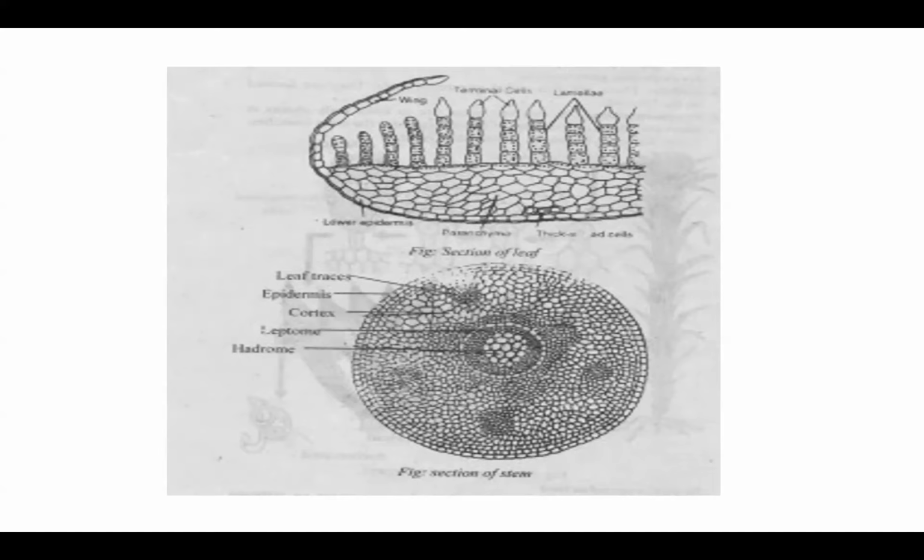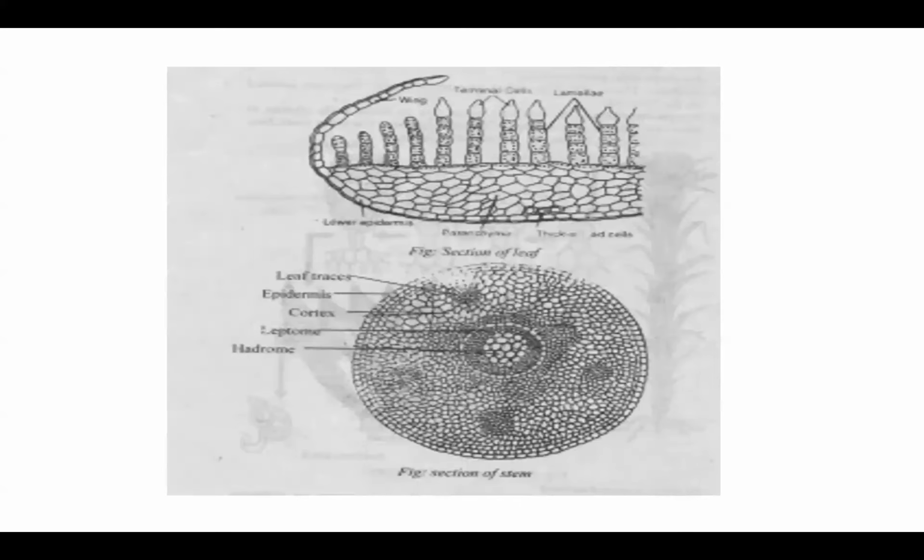Inside the epidermis, you will see the parenchymatous cortex region. Cortex is usually made up of parenchymatous cells. These parenchymatous cells store food materials, and the outer cells store chlorophyll, so it helps in photosynthesis.